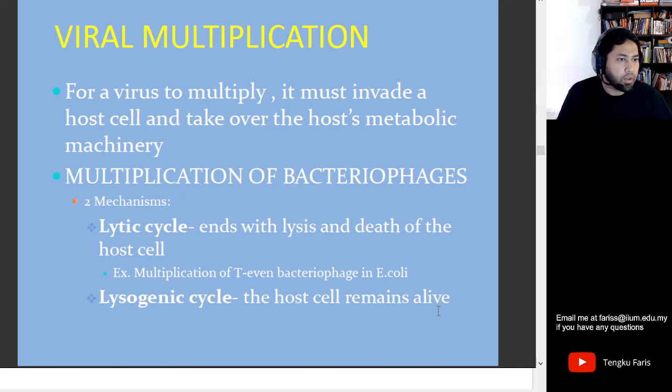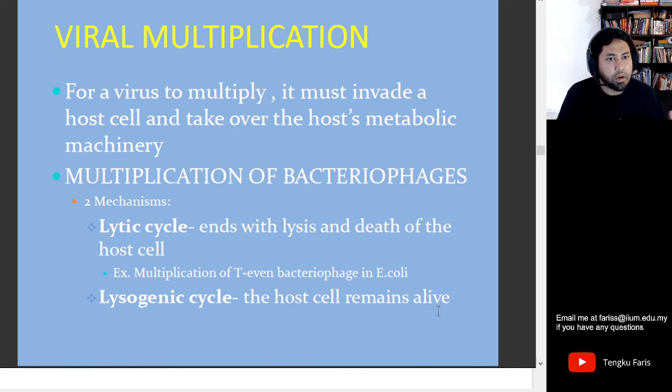After that they will come up with a huge number of viral particles or viruses that can subsequently infect our cells or our tissues or our body, or they can leave our body system to infect other people or other organisms.